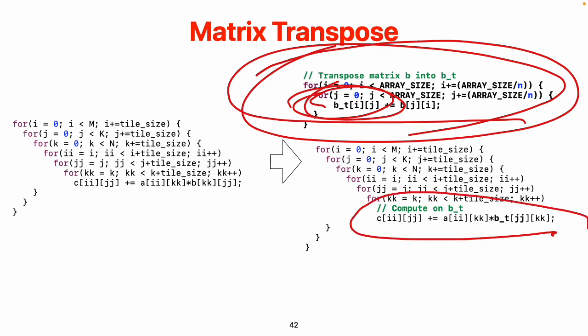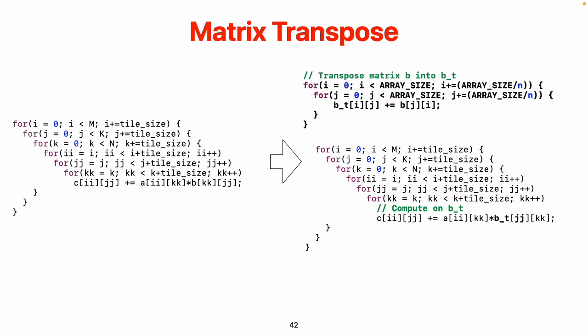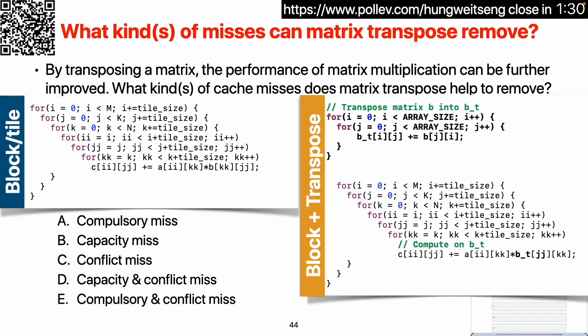Now, because it's transposed, when I perform the matrix multiplication, instead of IIKK and KKJJ, I can now do JJKK. Right? So instead of traversing row and column, now we are traversing row and row. So what kind of misses do you think we can remove here?